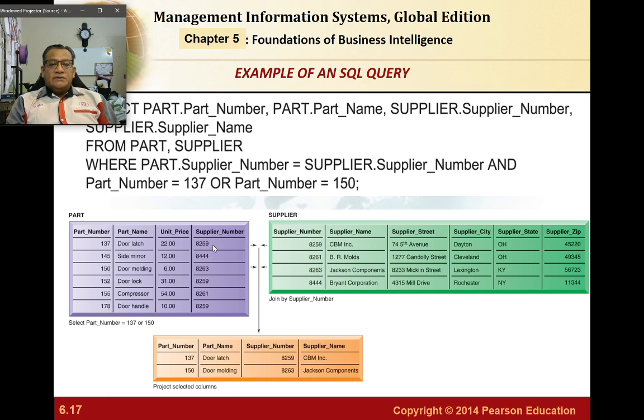So you join it with the supplier table, and you project it here. So select, join and project this table, because you want to work only on these two products to be fetched for delivery. That is how the SQL query works.